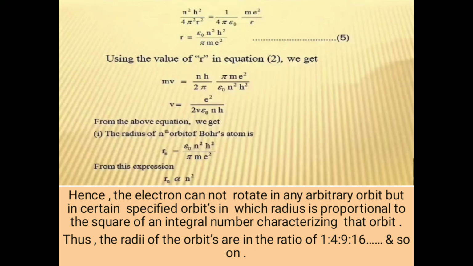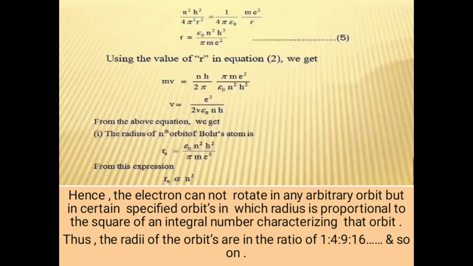From the above equation, we get the radius of the nth orbit of Bohr's atom: r_n is equal to epsilon 0 n square h square divided by pi m e square, from equation number 5. This is the radius of the nth orbit of Bohr's atom.